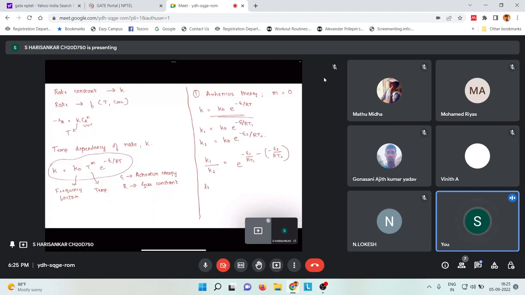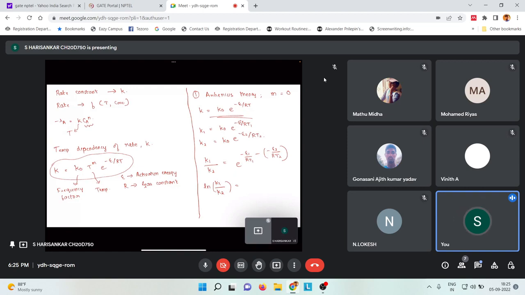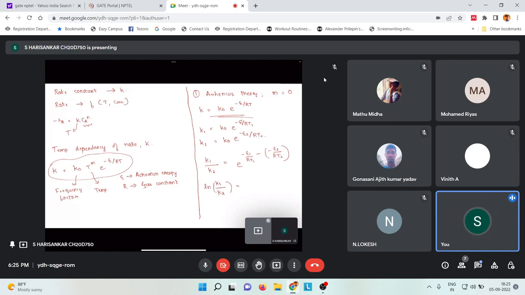so we'll take ln k1 by k2 will be ln of these two terms. So ln of exponential, you can cancel out the e term and the ln term, because ln of exponential gets cancelled.